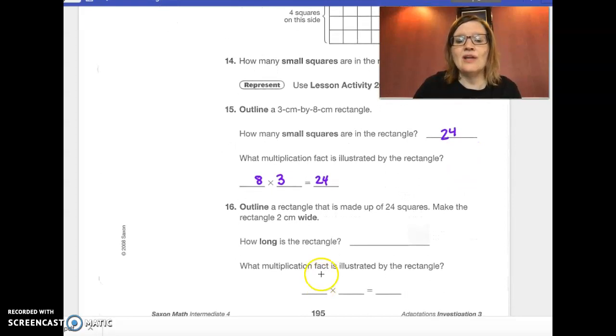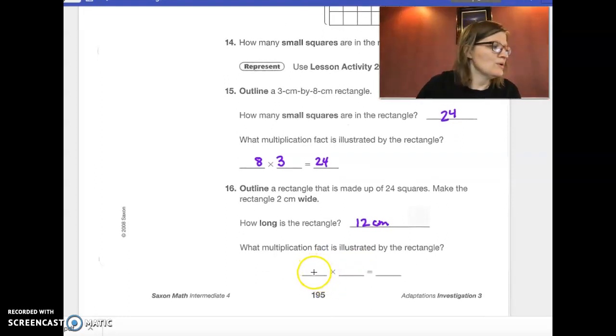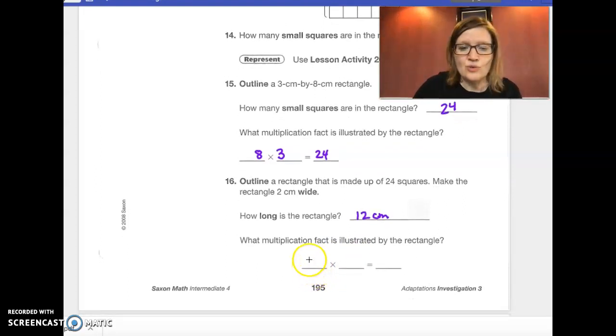Now they want you to outline a rectangle that is made up of 24 squares. Make the rectangle 2 centimeters wide. So how long is the rectangle going to be? It is going to be 12 centimeters. What is the multiplication fact? We would say 12 centimeters times 2, and that gives us 24.